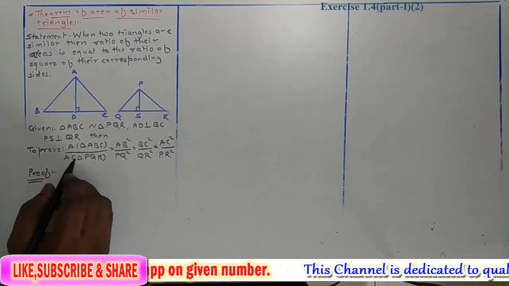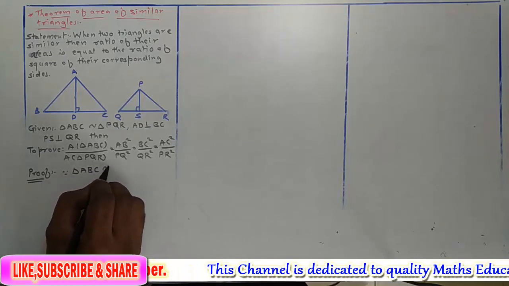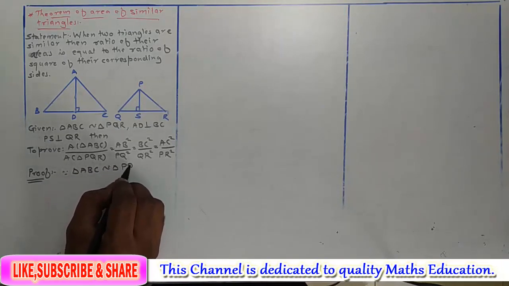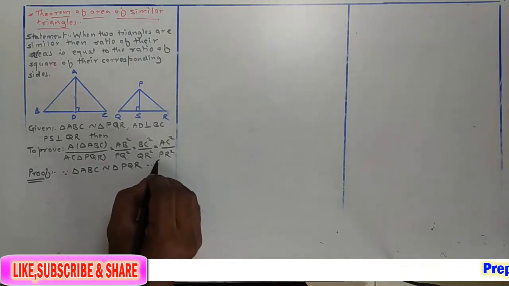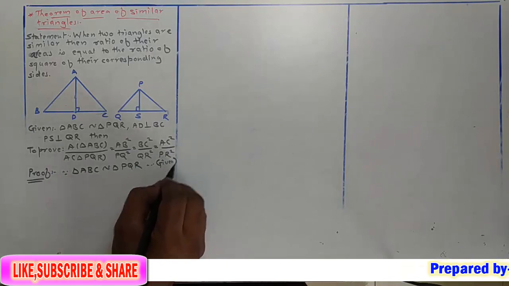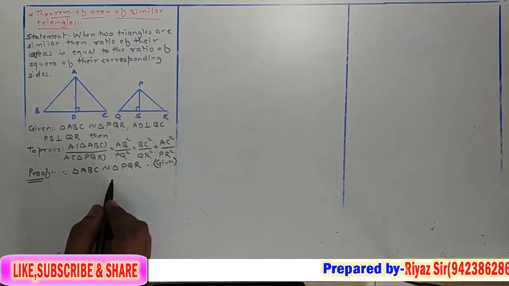We start proof. Since triangle ABC is similar to triangle PQR, those two triangles are similar. This is given. And we know when two triangles are similar, then their sides are in proportion.